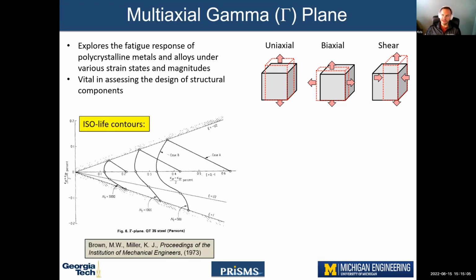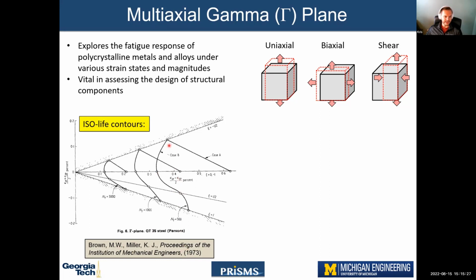And what we did in this module is we saw that we can generate something called a gamma plane computationally. So on the bottom left, I'm showing an experimental gamma plane. And what you see here in the curves, these are iso-life curves for one material. So this was generated by Brown and Miller in the 70s.